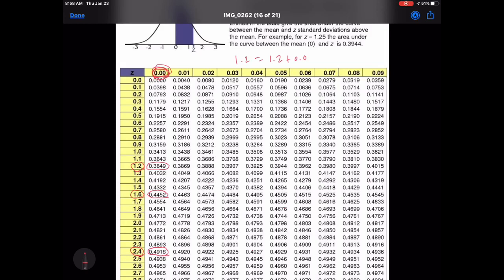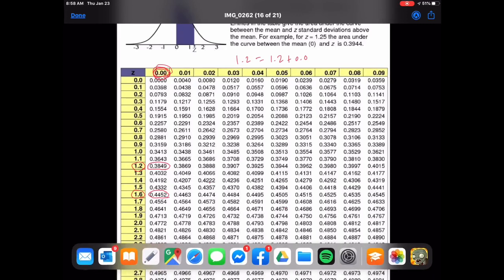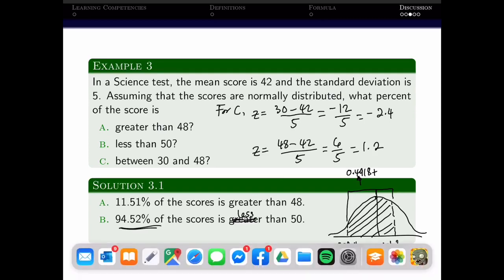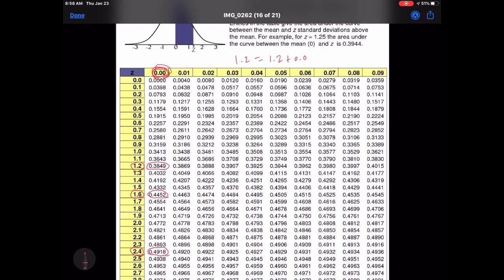So 2.4 is 0.4918. And the area between 0 and 1.2 is 0.3849.